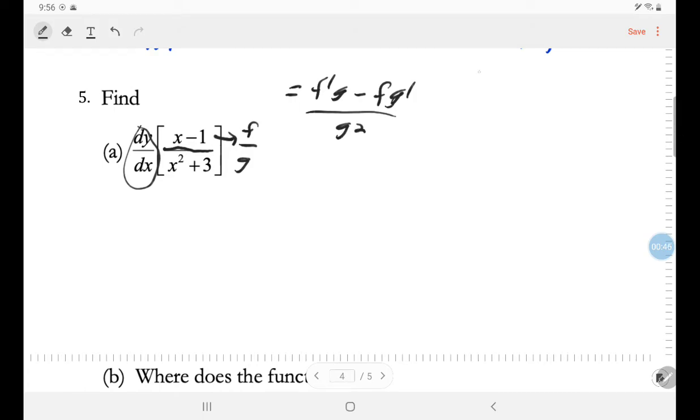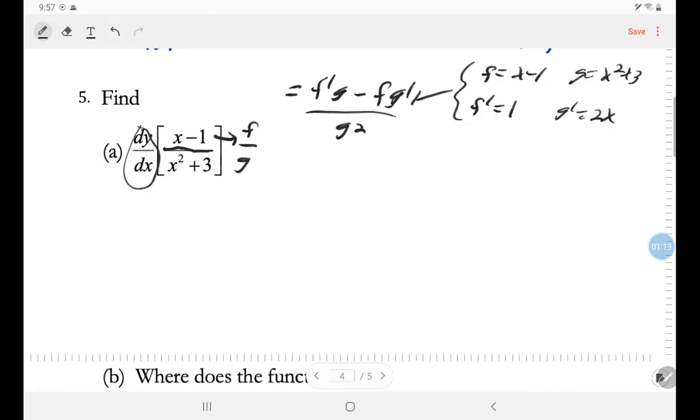Let's look at what we have. Our f is my top function, x minus 1, which makes my f prime 1, because the derivative of 1x is 1 and the derivative of the negative 1 is 0. My g is x squared plus 3, and my g prime is 2x, and that's pretty much it.